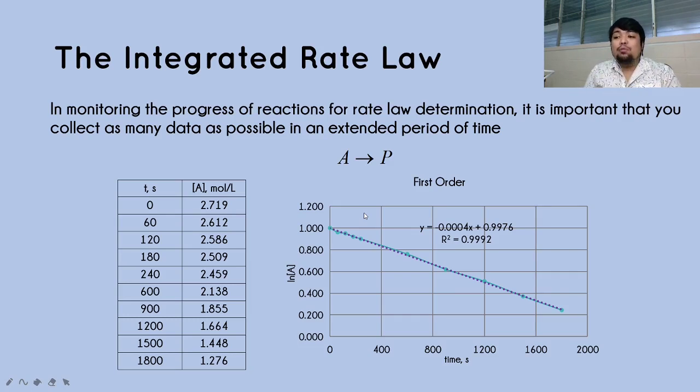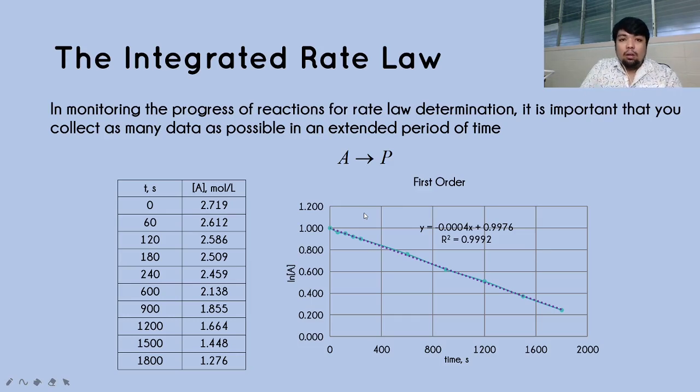This emphasizes the importance of collecting more kinetic data for your reaction kinetics as you monitor the progress of the reaction. You have to monitor the progress a little longer. You do not just settle on a short span of time. You prolong the reaction as much as possible so that you can get more accurate data.